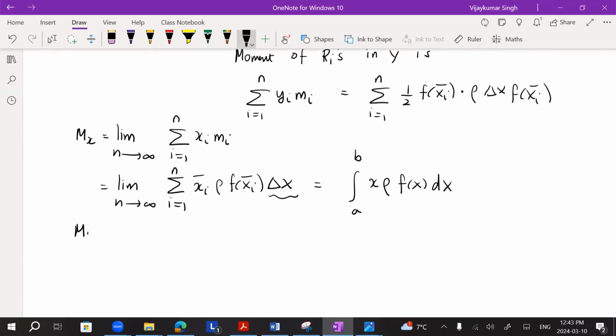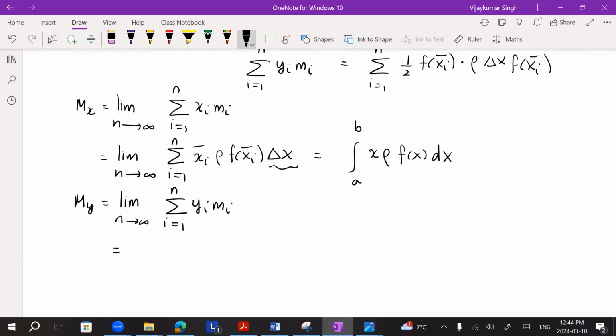And similarly, we get My to be the limit as n goes to infinity of the summation i going from 1 to n of y_i m_i, which is the limit as n goes to infinity of the summation i going from 1 to n of half f of x_i bar squared rho delta x, which is going to be the integral a to b of half f of x squared.